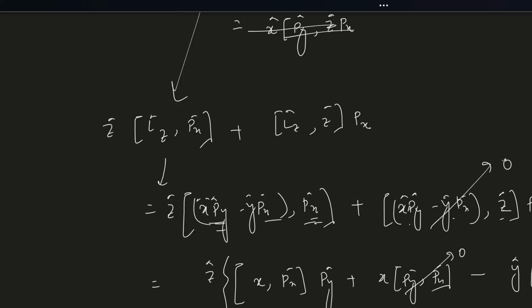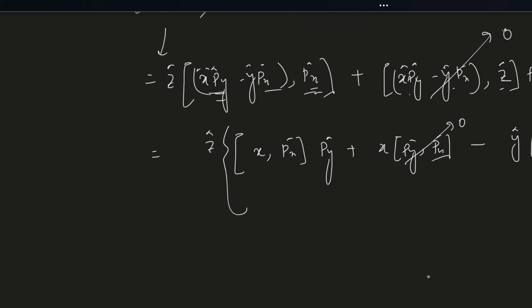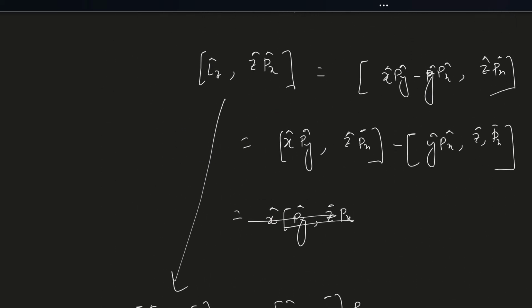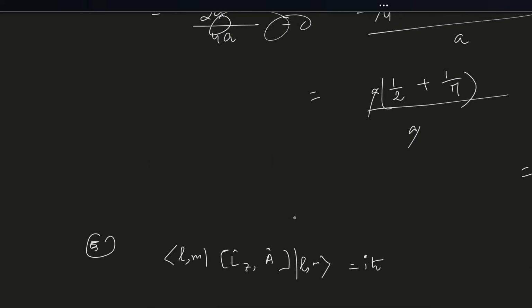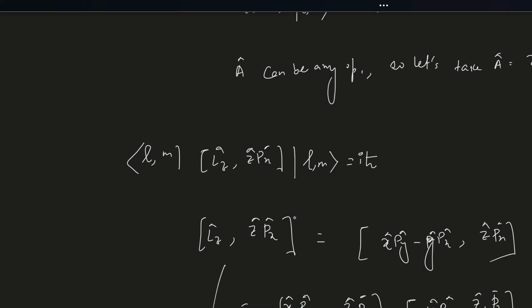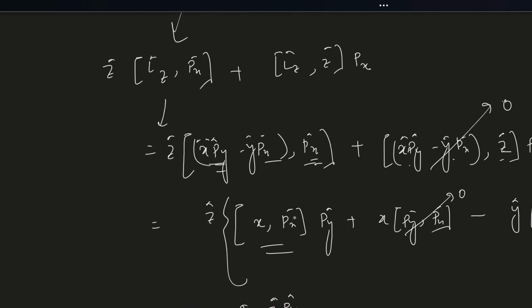And then minus y px, this is also 0 because y and x are different canonical variables. Now the only term that contributes is iħ z py, so what you're getting is iħ z py.